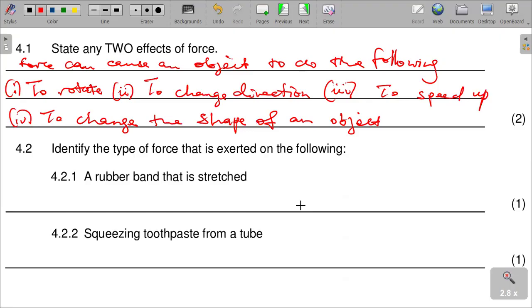Identify the type of force that is exerted on the following: a rubber band that is stretched. When a rubber band is stretched, it is tension force. And then squeezing toothpaste from a tube.